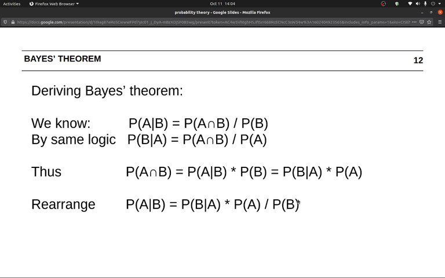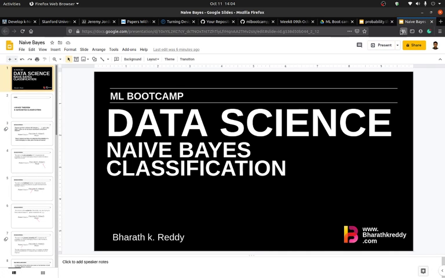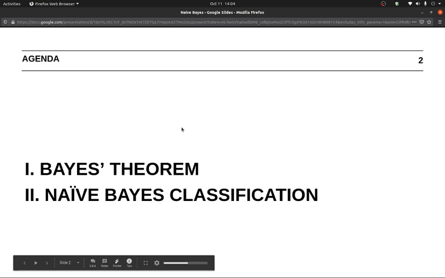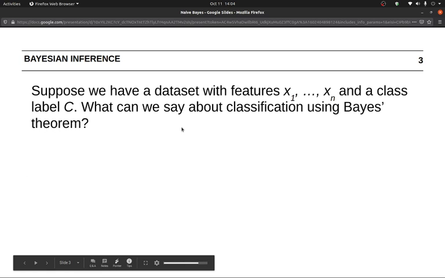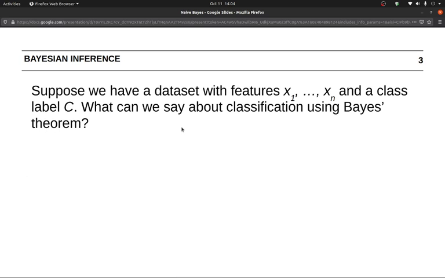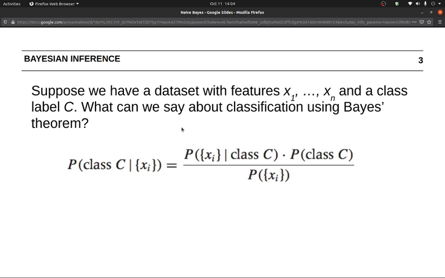Let's look at an example to understand it a little better. Suppose we have a data set with x1 to xn features and a class label C. Let's see what we can figure out using Bayes' theorem.